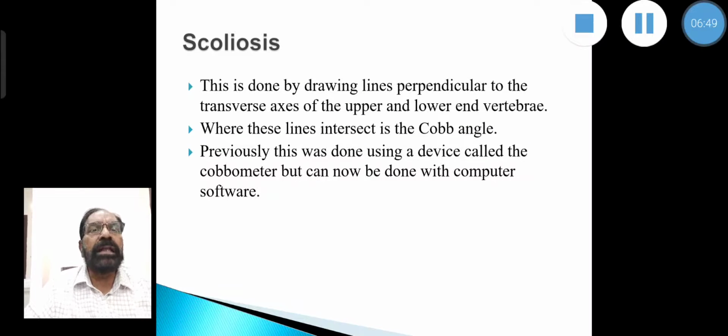This is done by drawing lines perpendicular to the transverse axis of the upper and lower end vertebrae, where these lines intersect is the Cobb's angle. Previously, this was done using a device called a scoliometer, which can now be done with computer software.